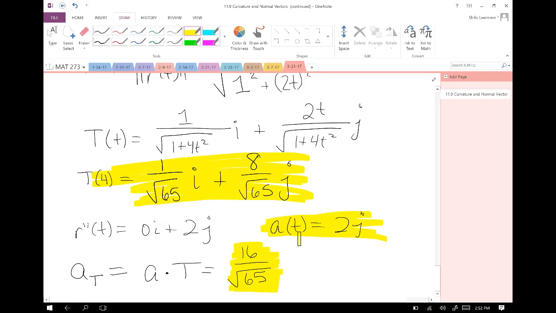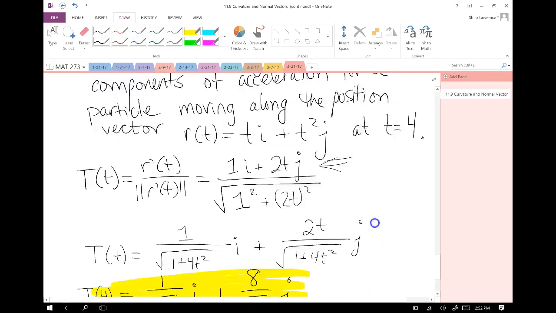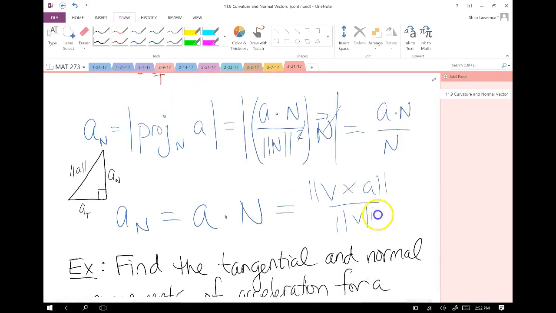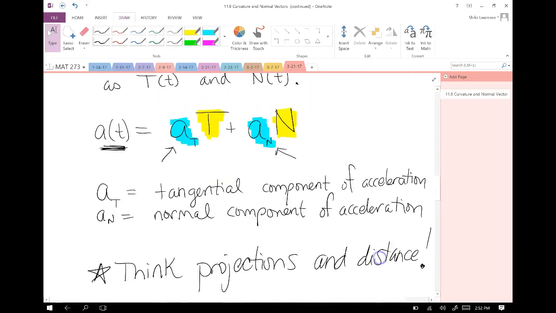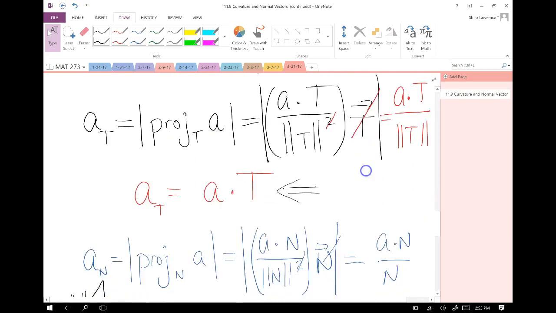So we've got 3 options technically for our a sub n. We can go through our principal unit normal vector, which requires us to do T prime.